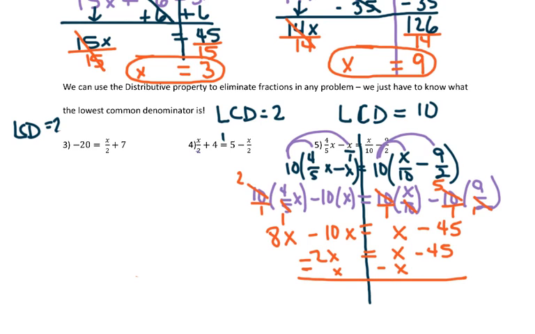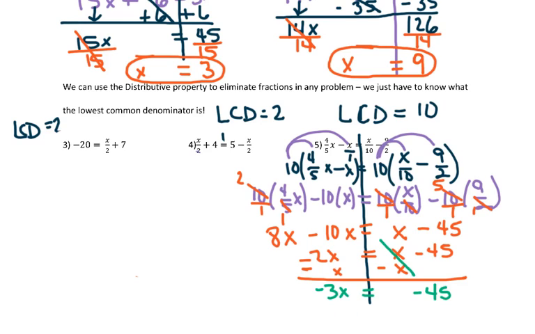So now here, negative 2x minus 1x is negative 3x. 1x minus 1x is 0. And I'm left with negative 45 because this minus sign right here is still with that 45, so it's negative 45.